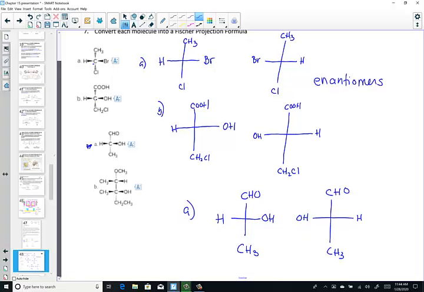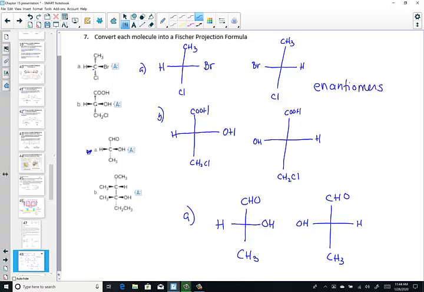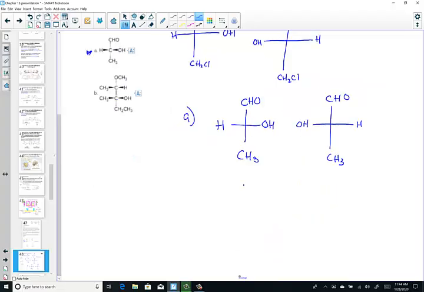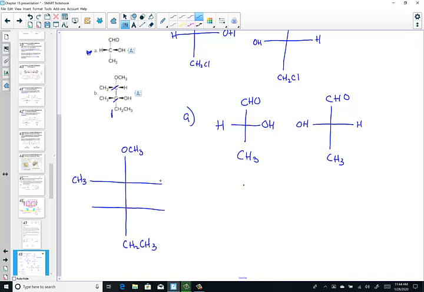Letter B gives us something a little more exciting to continue with. It's got two chiral centers. So when we consider letter B, the very last structure here, we have two chiral centers. That means my cross is going to have two chiral centers. At the top, we have OCH3. At the bottom, CH2CH3. Chiral carbon number 1 has a methyl to the left, hydrogen to the right.